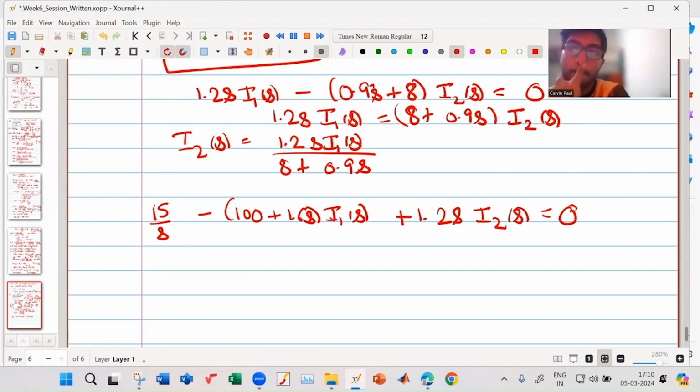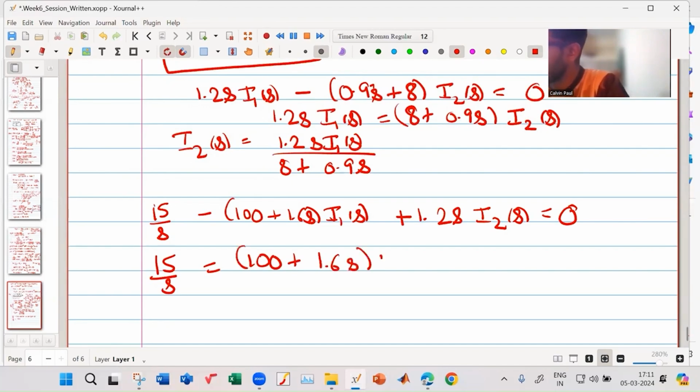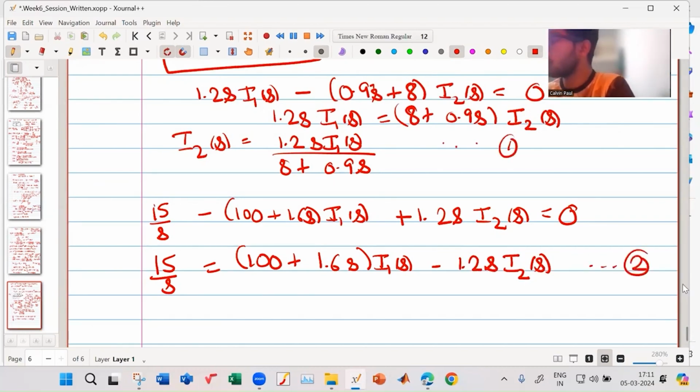All right? So we write it as 15 upon s is equal to 100 plus 1.6s into I1 of s minus 1.2s into I2 of s. This is equation 1. This is equation 2.